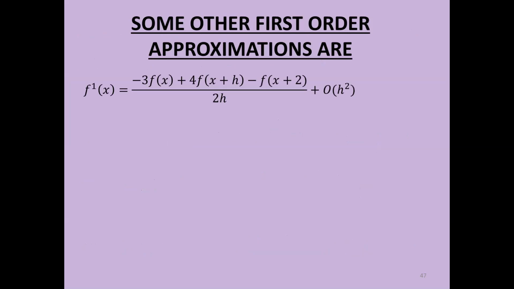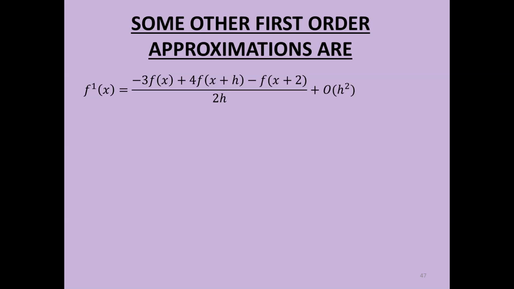Some other first order approximations are, so apart from the approximation, you should also have a look at the error in the order of approximation. In the first equation on display, the order of the error is h square.